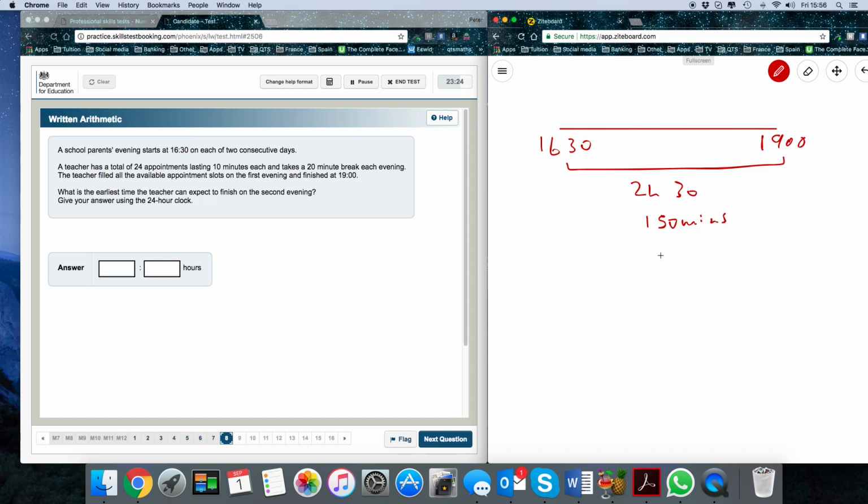But there's a 20-minute break. So if you take off the 20-minute break, what you've got to be clear on here is that this is the total amount of time available for interviews or appointments. Now 10 minutes makes it easy, doesn't it? 130 divided by 10, you'd see 13 people on the first evening.